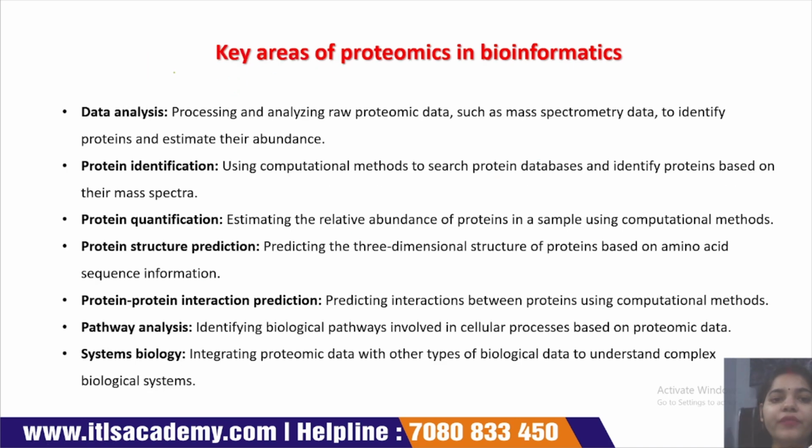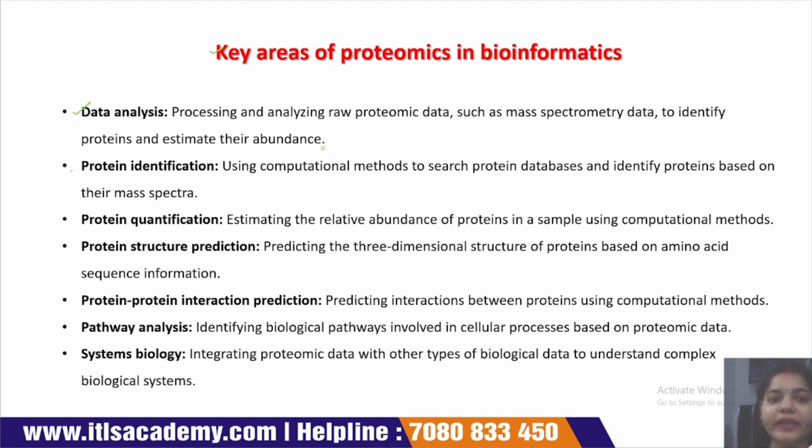Now we discuss the key areas of proteomics in bioinformatics. First is data analysis: processing and analyzing raw proteomic data such as mass spectroscopy data to identify the proteins and estimate their abundance.